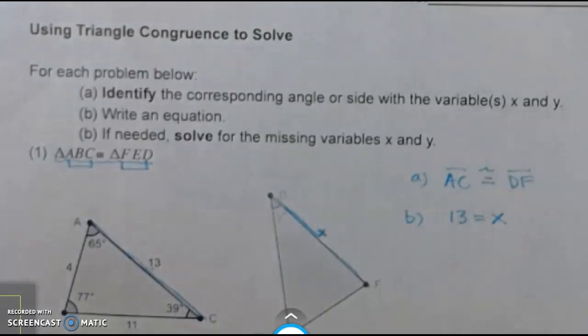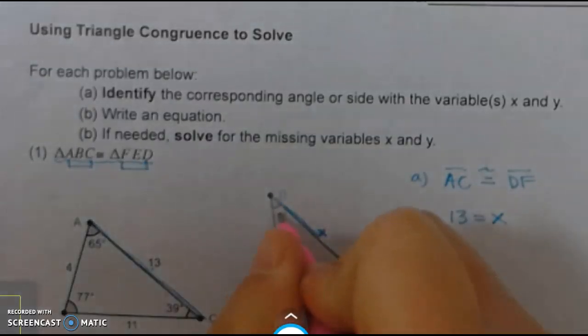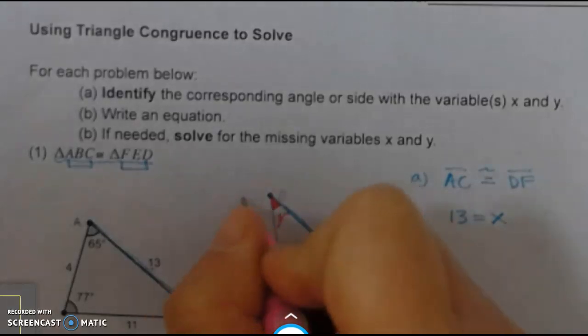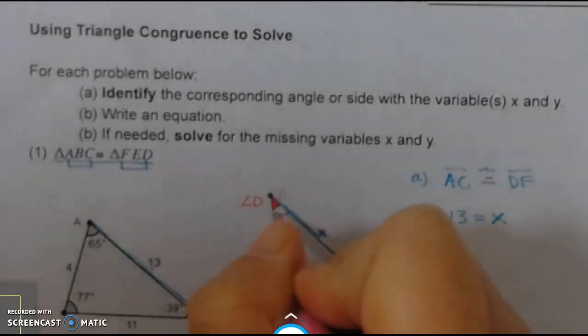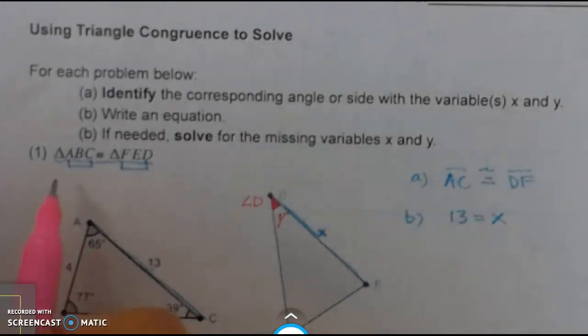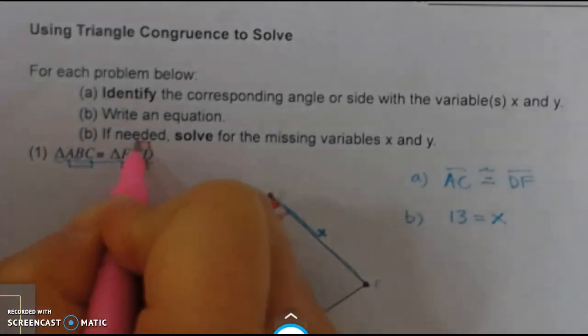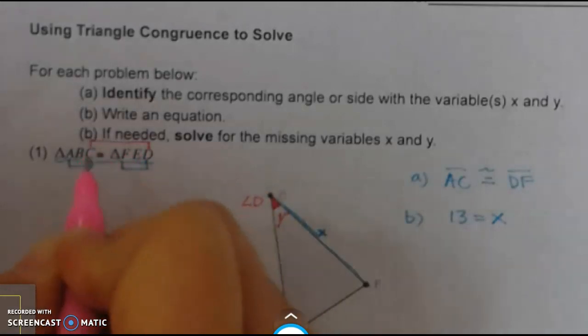What about y? Okay, y is right here. So y is referring to this angle measure right here. Okay, so what is this angle D? Angle D, this is angle D. What does this angle D correspond to on the left triangle? D is the very last letter of the congruence triangle statement.